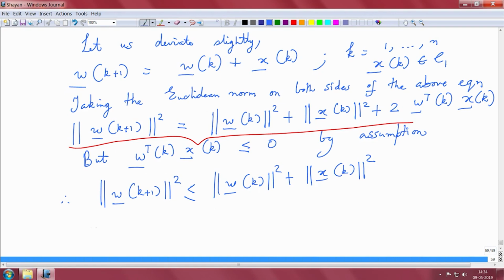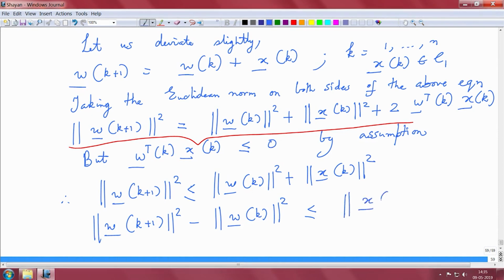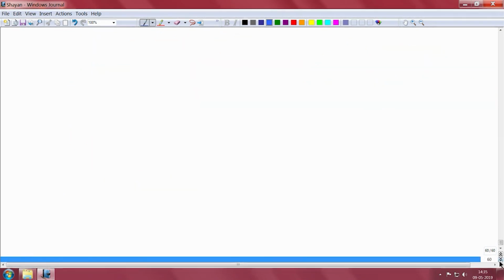Now, we rewrite this carefully. Norm of w k plus 1 squared minus norm w k squared is less than or equal to norm x k squared, and this holds for k equals 1 till n, because we are sequentially presenting all these data patterns. Now, you recursively expand this out, it is straightforward.